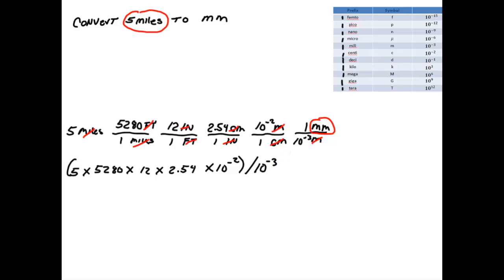Now I'll grab my calculator and we'll see what we get. I'll do 5 times 5280 times 12 times 2.54 times 10 to the minus 2 divided by 10 to the minus 3. And I will get a value of 8046720. And that's going to be my final answer.